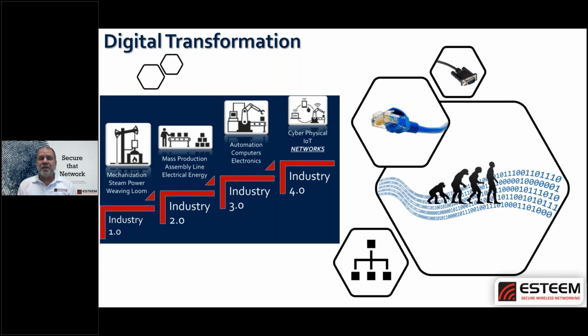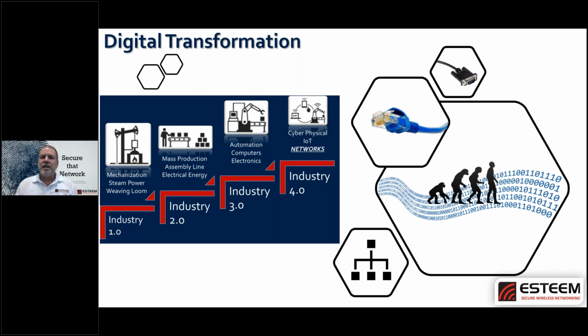This is where we've moved from serial-based communications into Ethernet-based communications. And not only are we changing the way that data is handled and the data itself, but all of a sudden we're moving from device level communications into network communications. So as you can imagine, security is even more important as we start bringing this into a complete network.